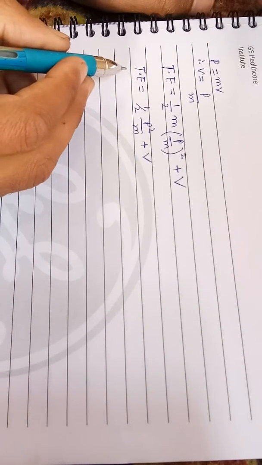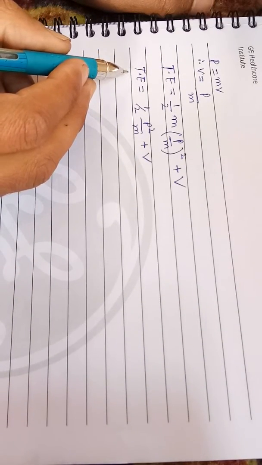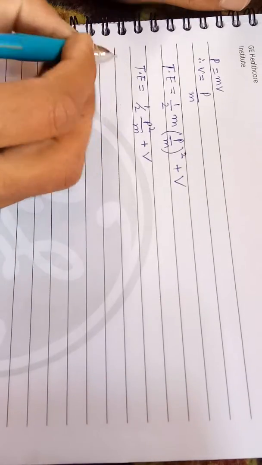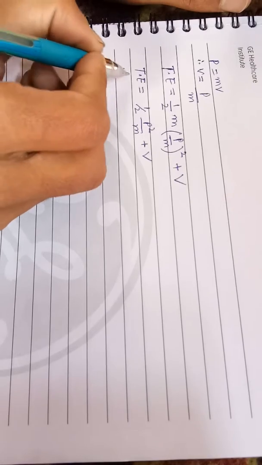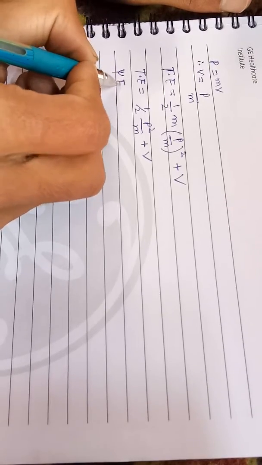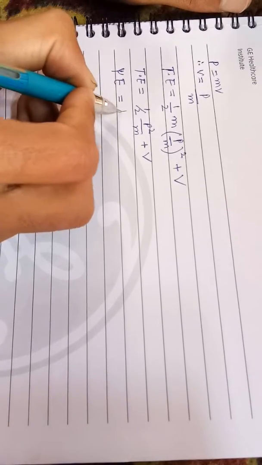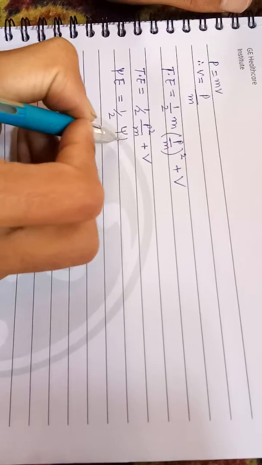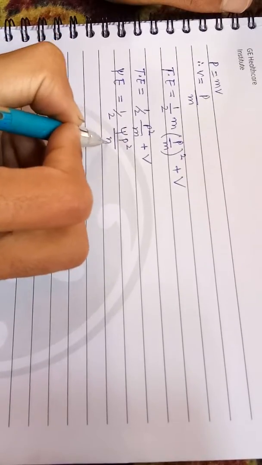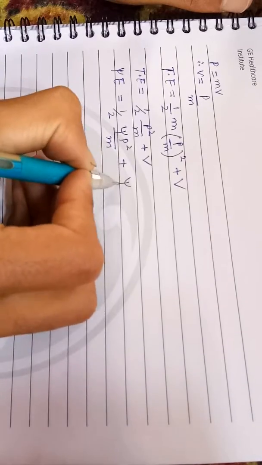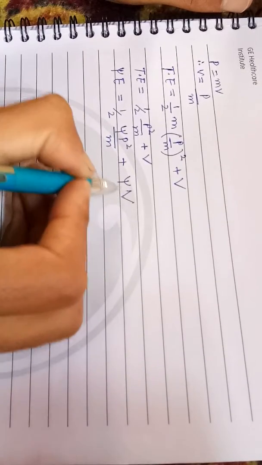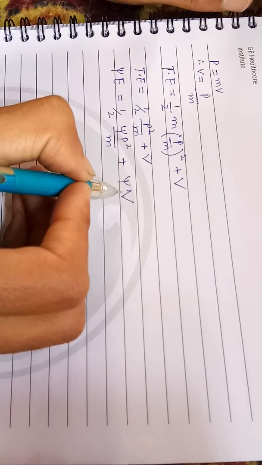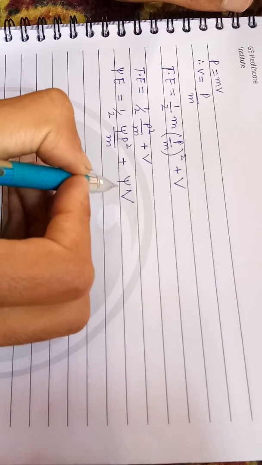Now multiplying this total energy by psi, which is the wave function that I already discussed. Psi, let me call this total energy as E, equals 1 by 2 as such, psi into p square by m plus psi V. This V over here, I again say, is potential energy, not the velocity or volume or something else. It's just potential energy.